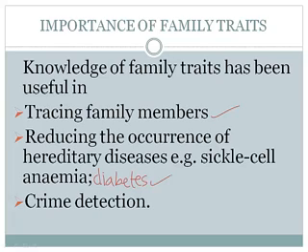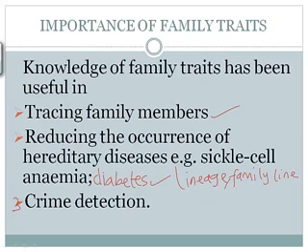Because if we want to go back and know how this trait of sickle cell anemia or diabetes was formed, we can discover that in that family or lineage they have this hereditary disease, such as sickle cell anemia or diabetes.